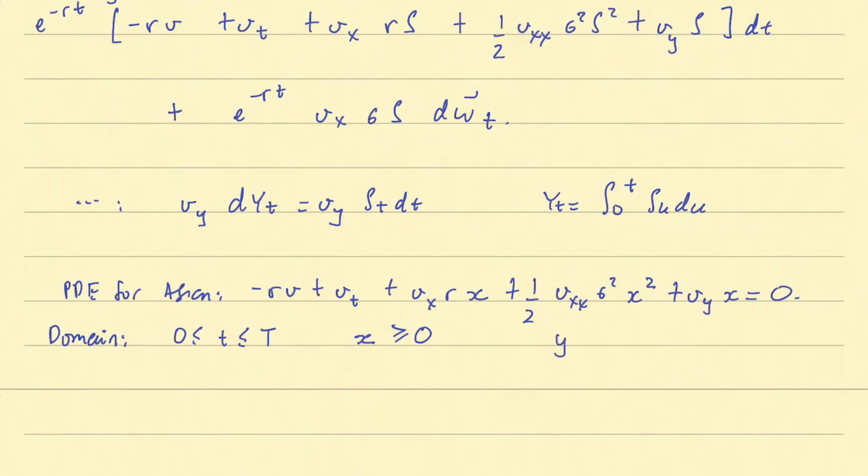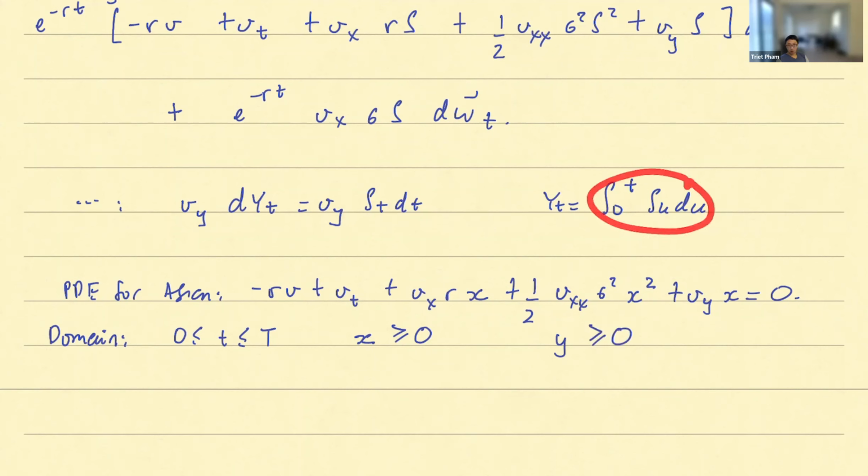It would also be just greater than 0, because it's the integral of the stock, and there doesn't seem to be any upper bound for y. So sure, that's all we can say.